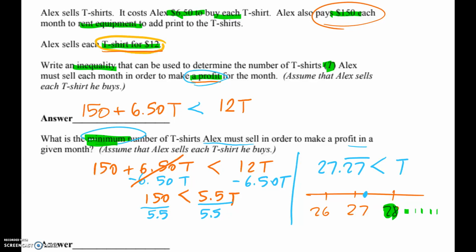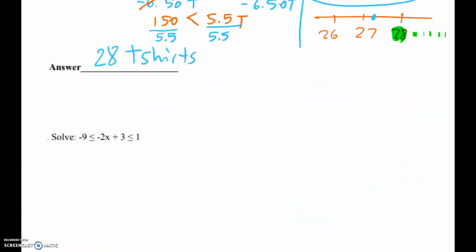But minimum it is 28. So 28 satisfies this condition, and it is the minimum number that satisfies this condition. So 28 t-shirts. In short, Alex must sell minimum 28 t-shirts to make profit.